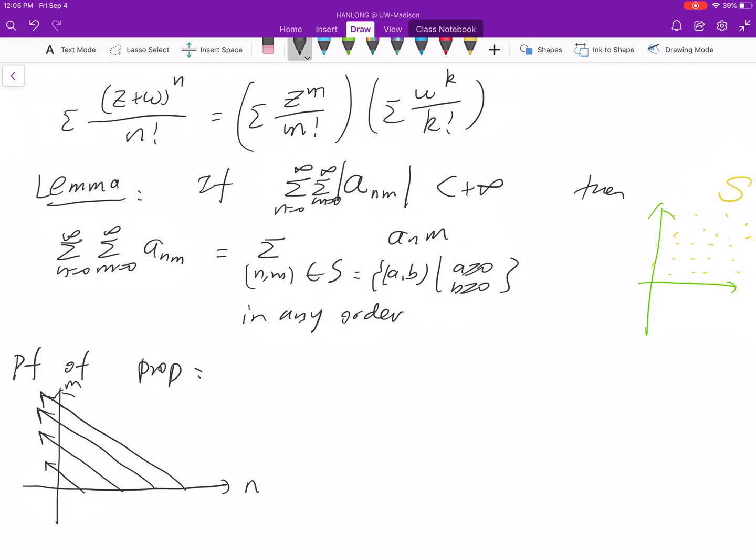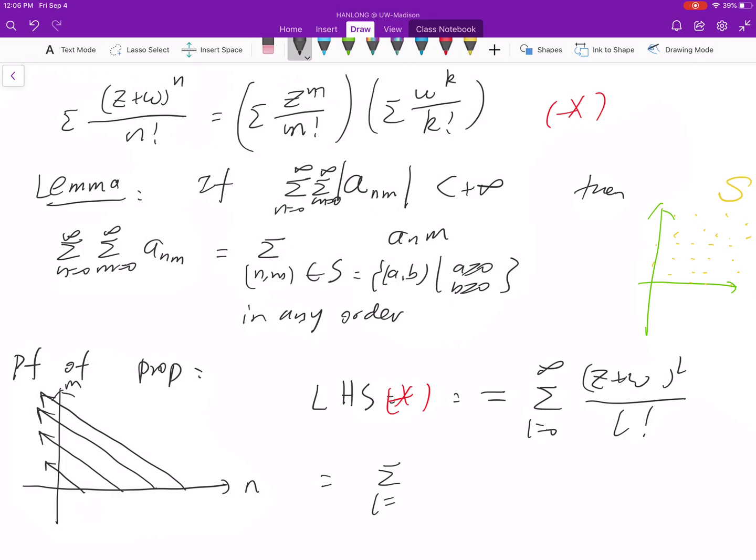This is N, this is M. In other words, the left hand side equals the summation of (z plus omega) to the L-th power over L factorial, L from 0 to infinity, which equals the sum over L of the sum over J from 0 to L of z to the J-th power times omega to the L minus J, over L factorial times L factorial over J factorial times (L minus J) factorial.